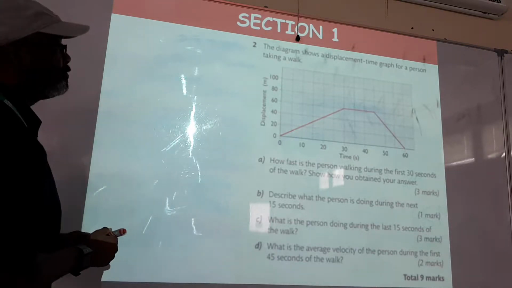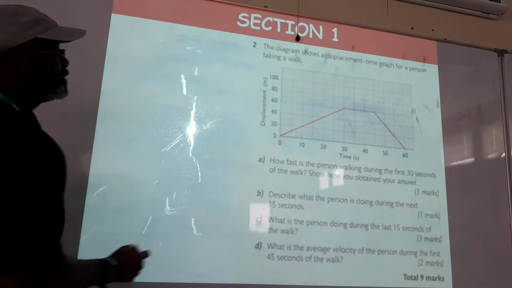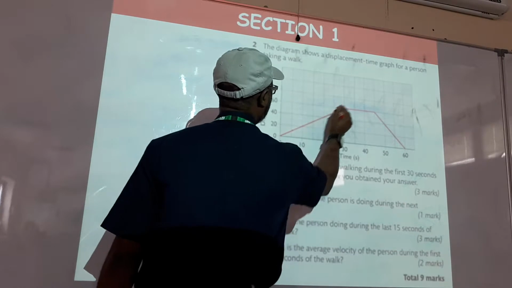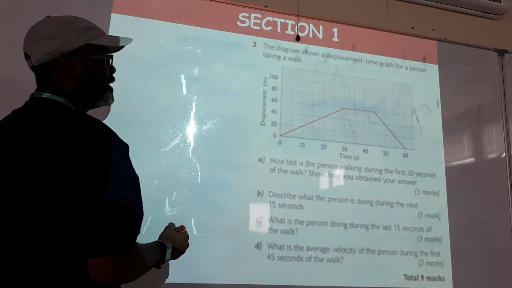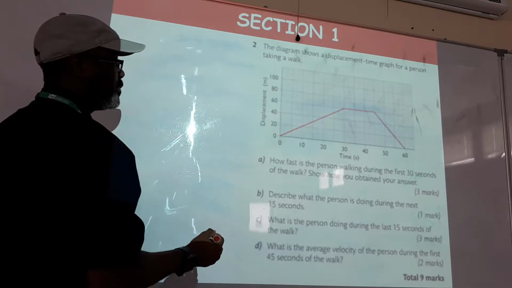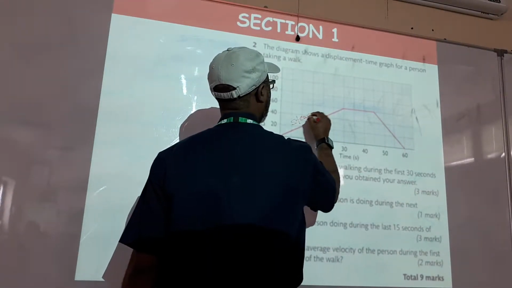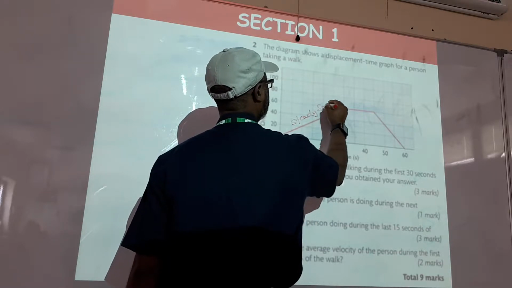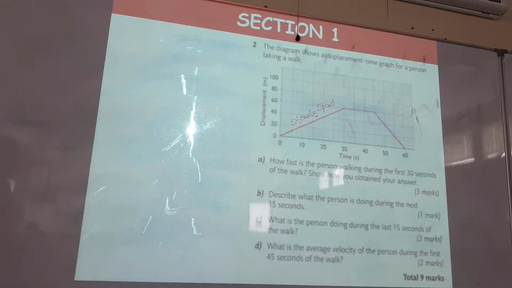So, the first thing you need to remember about a displacement time graph is that when you see an upward slope like this, what does it represent? It represents a constant speed or a steady speed. And what does this other one represent?